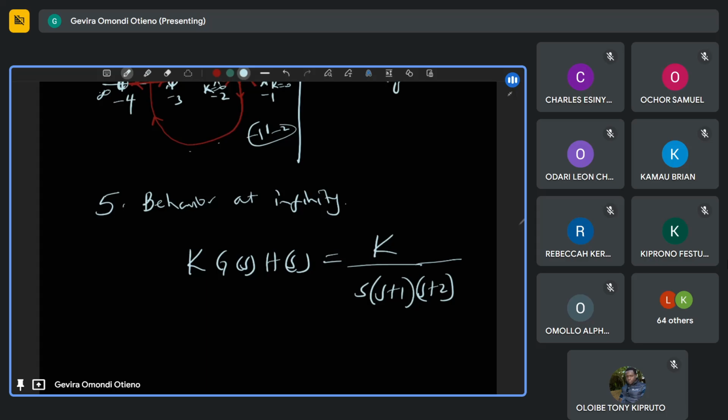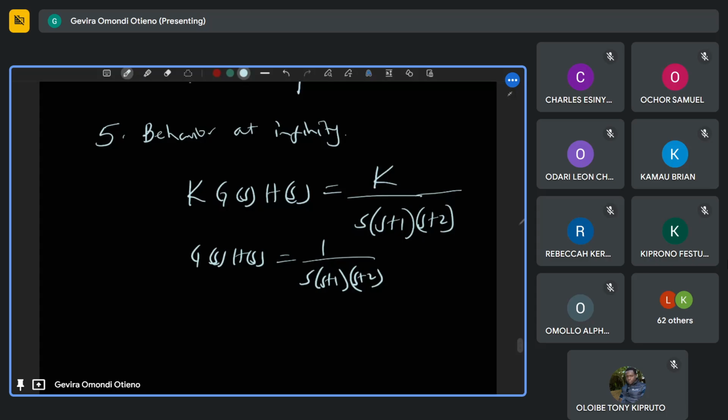Ladies and gentlemen, if I do this, you should understand what I mean is, if I remove the k on both sides, so if I divide both sides by k, I'll have G(s)H(s) equals 1 over s(s+1)(s+2), because I've removed k on both sides. If it's a unity feedback system, then H(s) is 1.